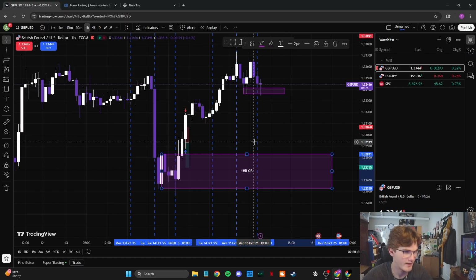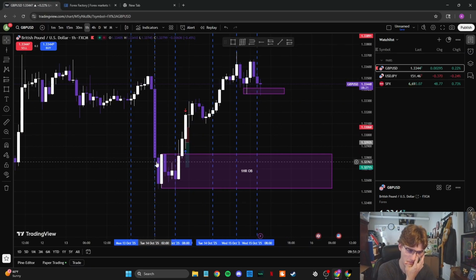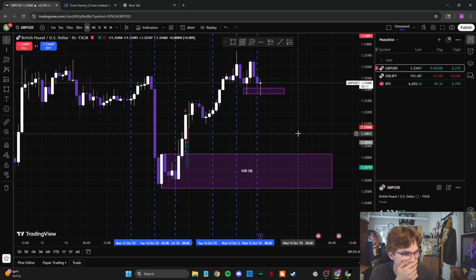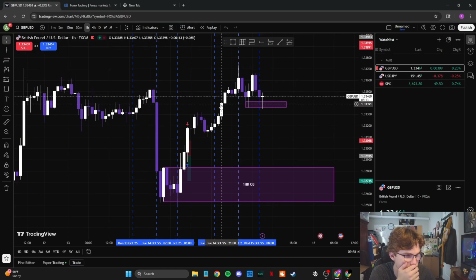This move down caused this move up. Could even throw this one in there, all of that. We've got a 1-hour fair value gap right here.